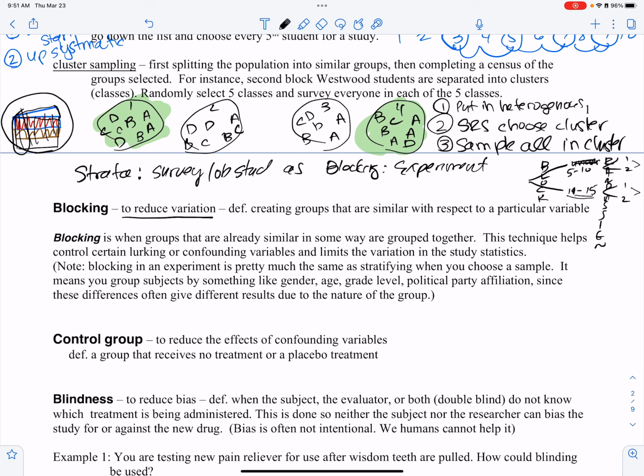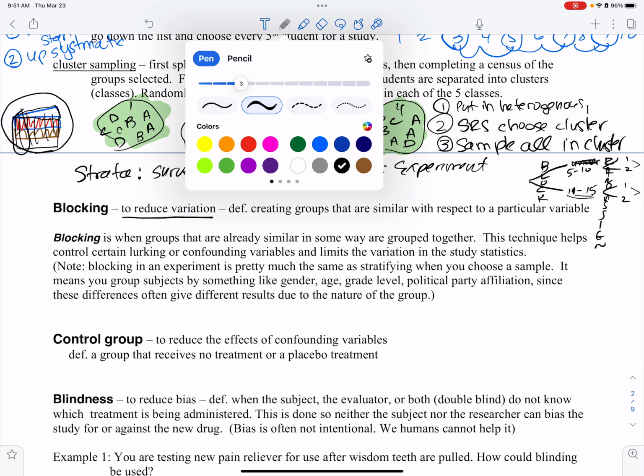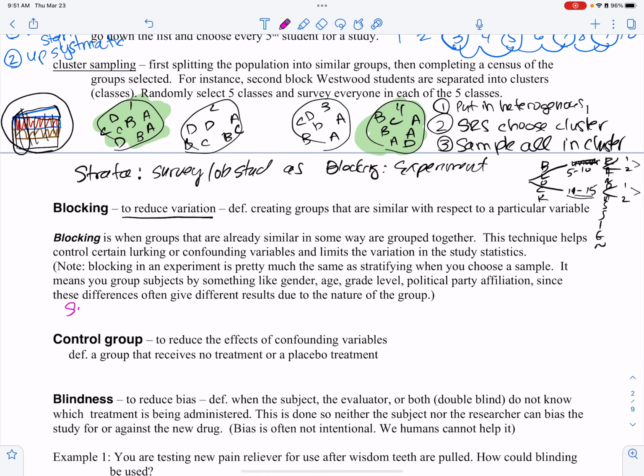Okay, so a blocking, remind you of size 2. That's called matched pair. And that's when you're getting someone that has a really similar quality as you. If you're studying something, for instance, the one that I just did above, maybe I decided that I'm having too much variation, so I'm going to block a 15-year-old with a 15-year-old, and then a 14-year-old with a 14-year-old, and a 13-year-old with a 13-year-old, or something like that.